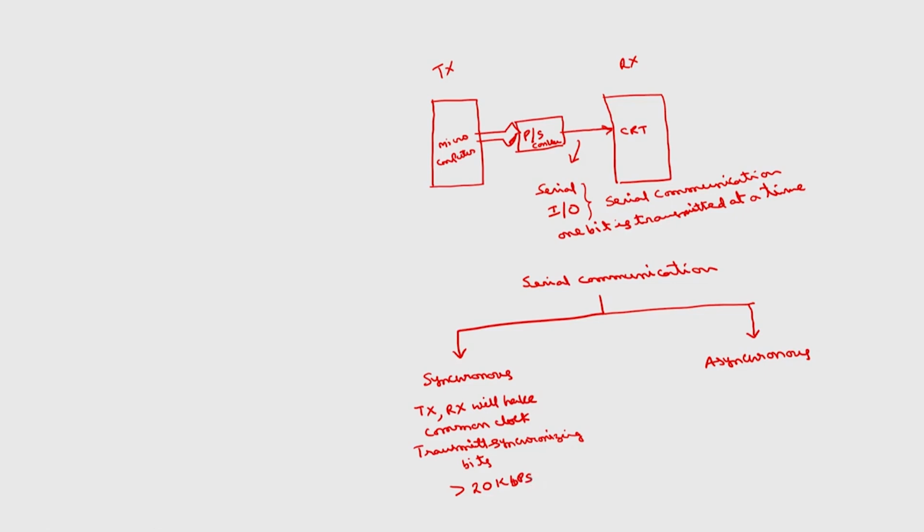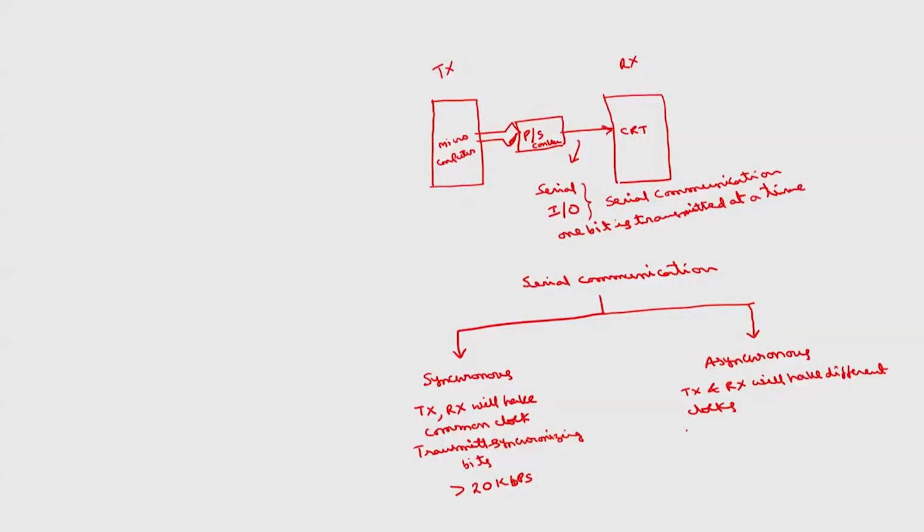I will explain this with examples also, whereas in case of asynchronous, the clock is different for transmitter and receiver. Transmitter and receiver will have different clocks. As a result, because the speeds are different, we need to transmit start and stop bits, so that we know where the data starts and where the data ends.